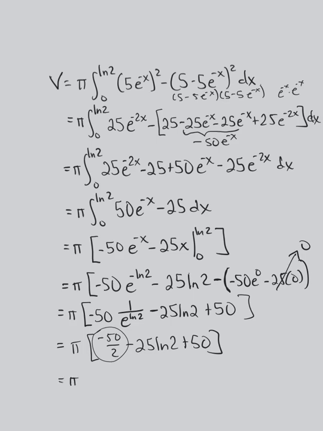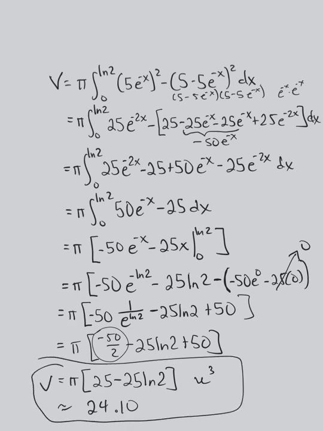So we got pi times 25 minus 25 ln of 2. There's our exact answer right there. We would want to then approximate it, which I'll do right now. Pi times 25 minus 25 ln of 2 is about 24.10 cubic units. And so there's our volume in that problem.